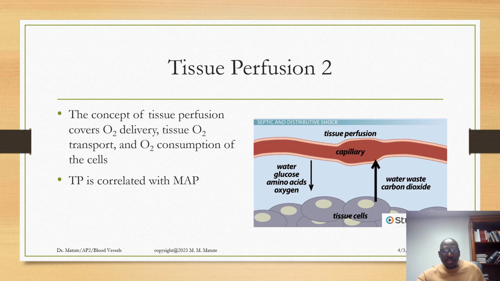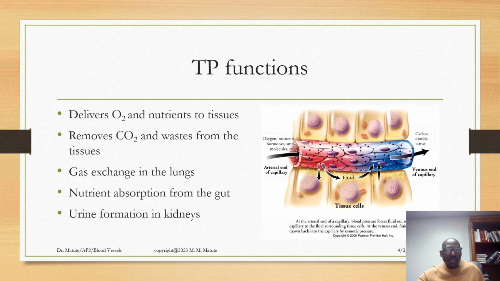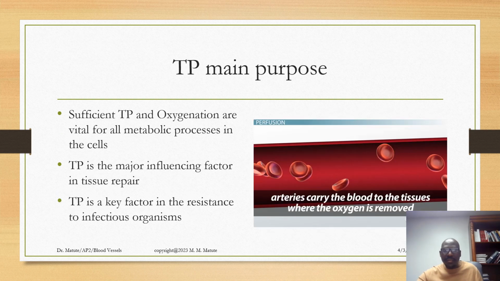All right, again, this is just some more diagrams, self-explanatory. So tissue perfusion delivers oxygen, removes carbon dioxide, etc. So the appropriate tissue perfusion is essential for the metabolic processes in our body.